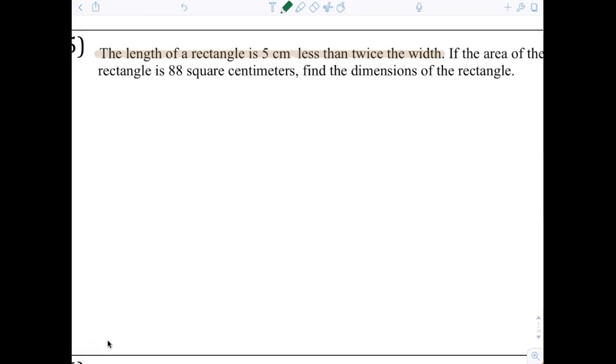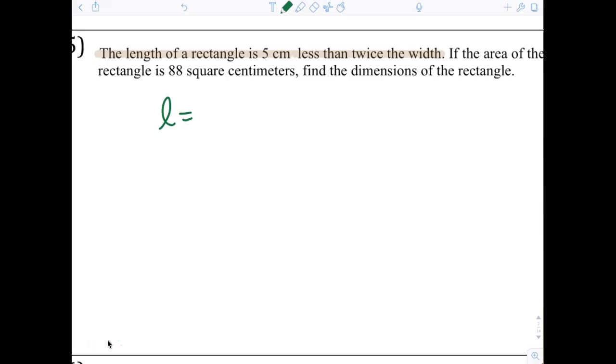I don't like that. All right, let me show you what I mean by the literal translation. Here's what I mean. Come on, let's look. The length is, so that just means what? L equals. Now, come on. 5 less than. We've been doing this honestly for so long.